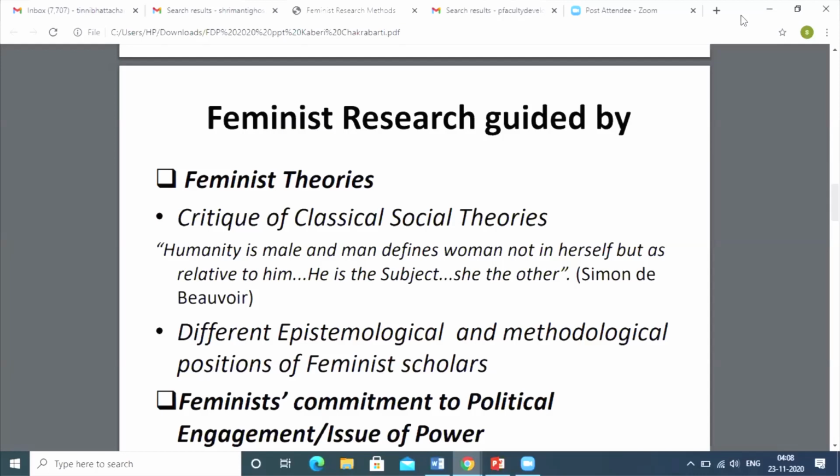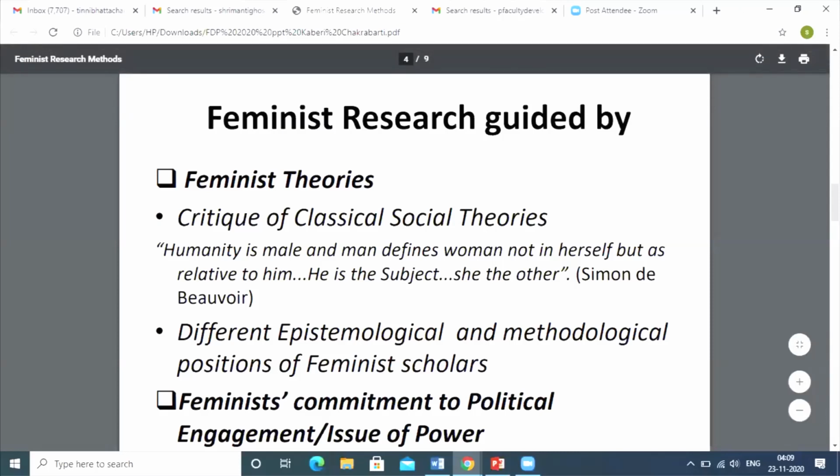It's not about one perspective or one approach, but about different theoretical positions the feminists have undertaken. And the feminist research process reflects these different theoretical positions in identifying the method, in identifying the methodological positioning. So it's actually integrally linked to these epistemological and methodological positions.